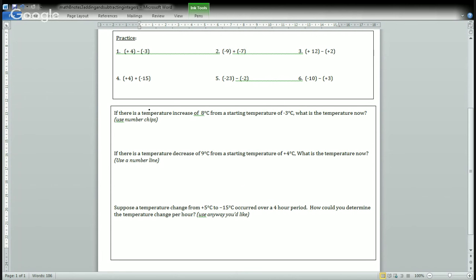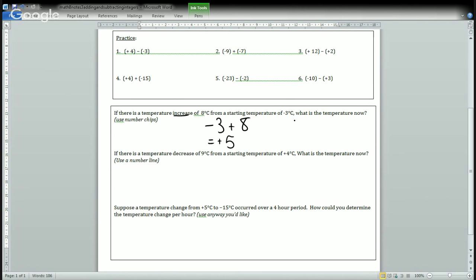So for the first one, if there's a temperature increase of 8 degrees from the starting temperature of negative 3 degrees, what's the temperature now? Negative 3, that's from starting. Increase means to add, and it's a positive 8. So negative 3 plus 8, I know is positive 5.